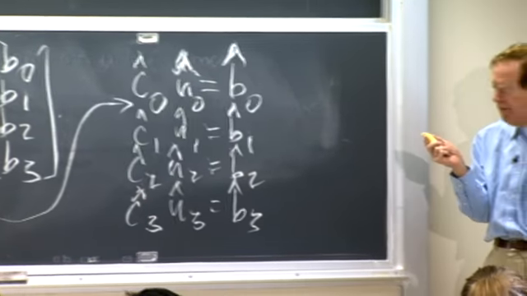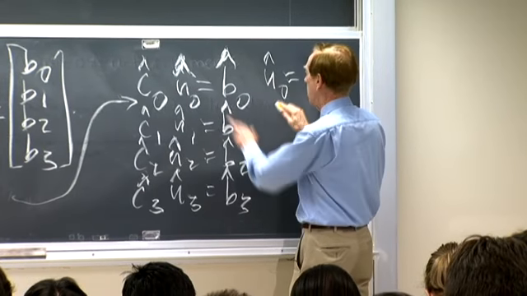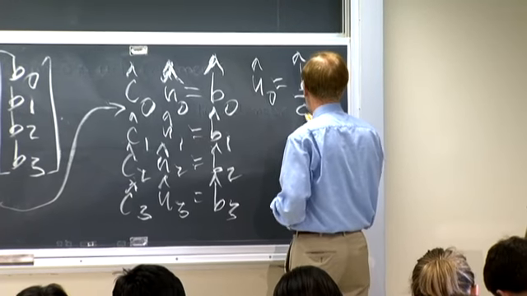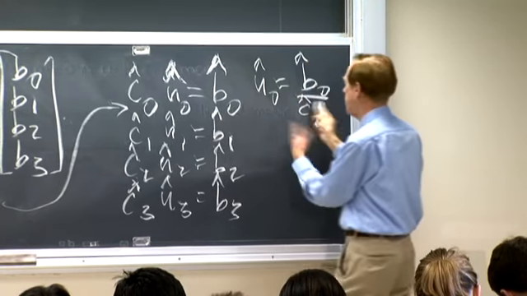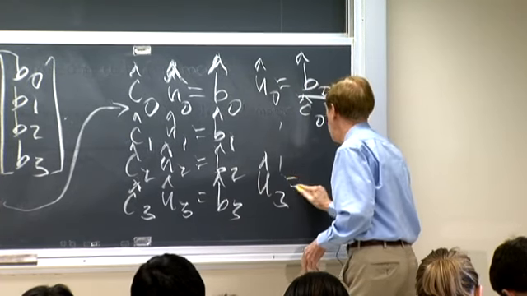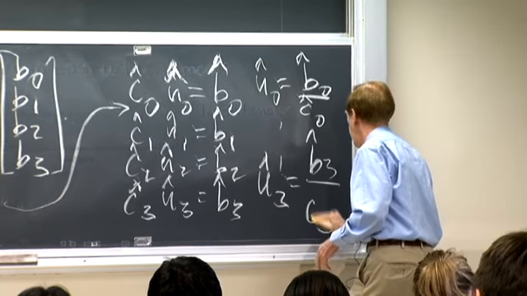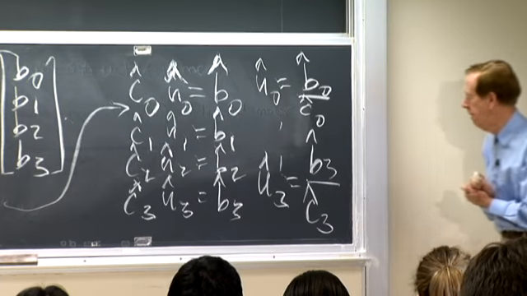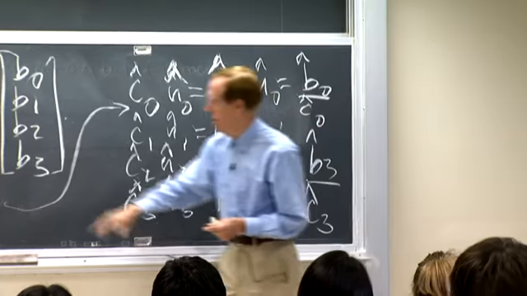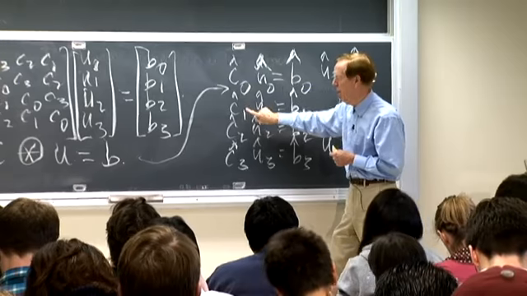Now we're ready for deconvolution. Just divide. So now U hat, obviously, I don't have to write all these: B hat 0 over C hat 0, right? I just do a division. So on down to U hat 3 is the third component of B hat divided by the third component of C hat. Okay, now don't forget that in going from here to here, I had to figure out what the C hats were.